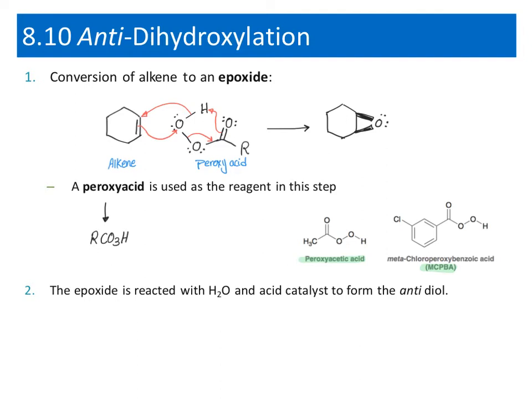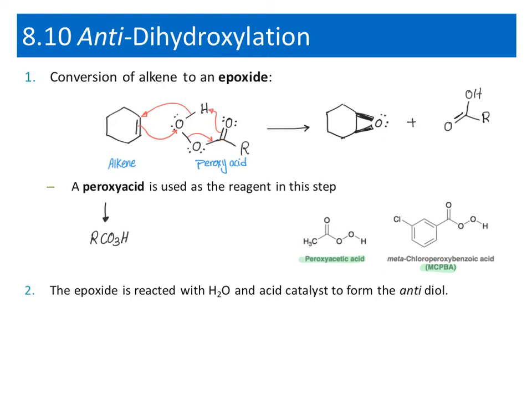Now, the next product that we are going to form in this step: this oxygen will take the hydrogen, and we are going to form a double bond between this oxygen and the carbon.